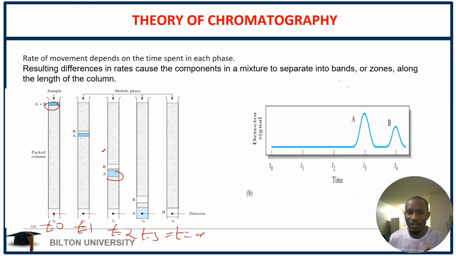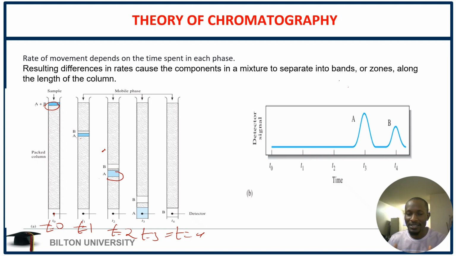Now, you have realized that A and B have different affinities, or they are moving at different rates within the same column, within the same mobile phase. However, A reaches the detector faster than B. So it tells you that B is lagging behind while A is moving faster.